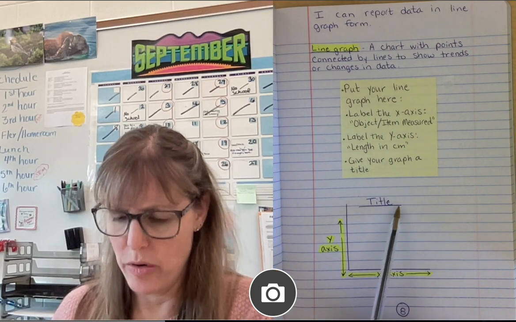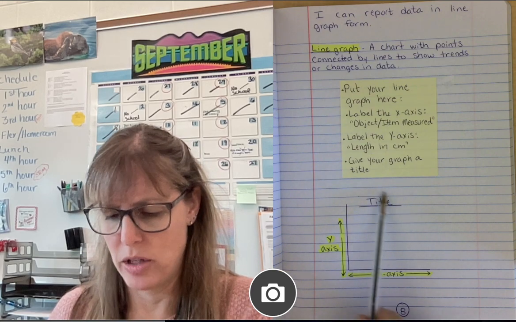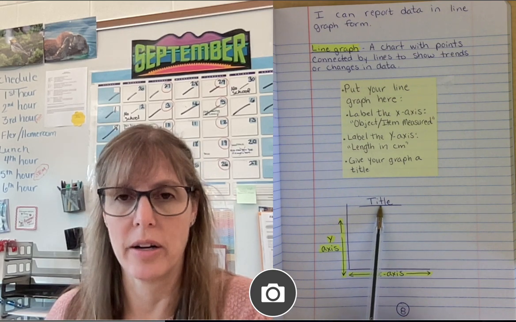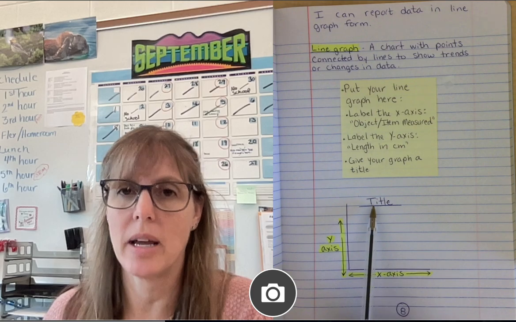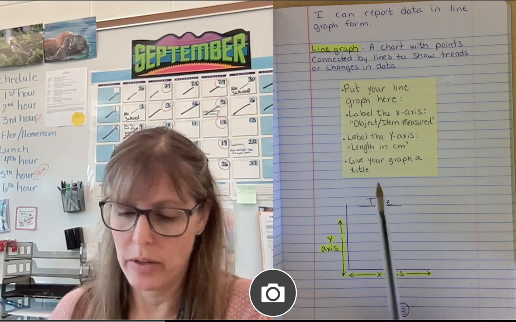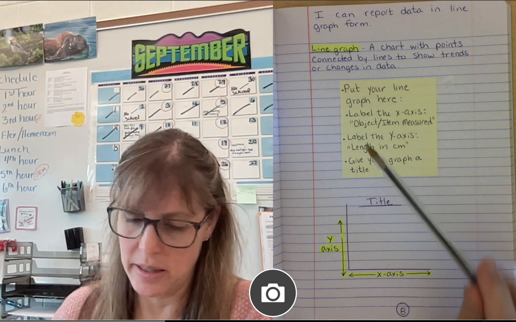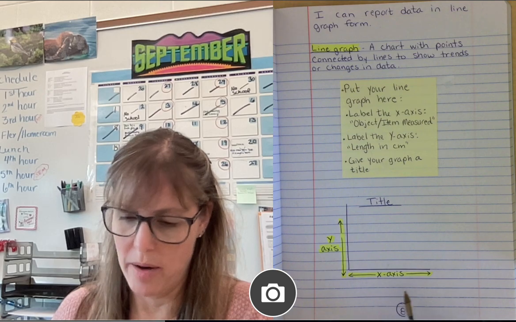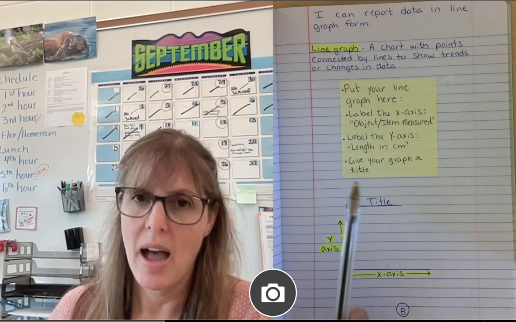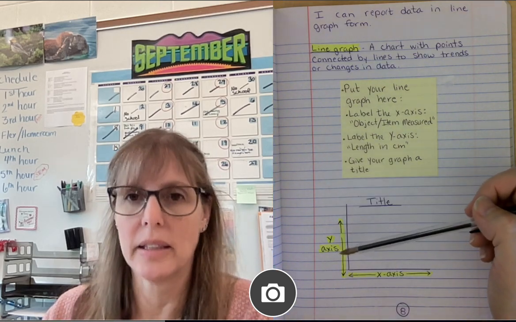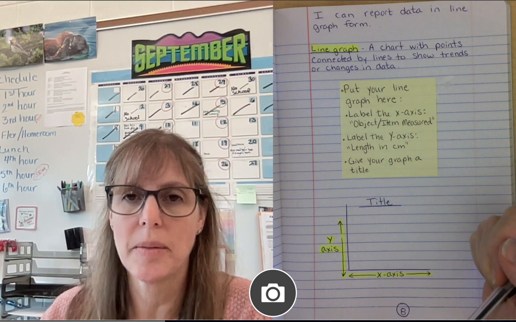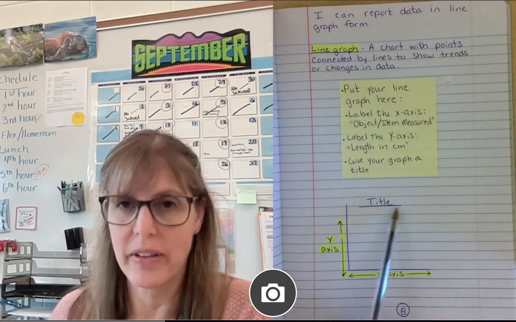The other thing that you need to make sure you do when you make a graph is you need to make sure that you underline the title. So make sure you capitalize and you underline a title. So for your line graph, you need to label the x-axis, object or item measured, actually on your graph. And then you need to label the y-axis, length in centimeters. And then you need to give your graph a title.